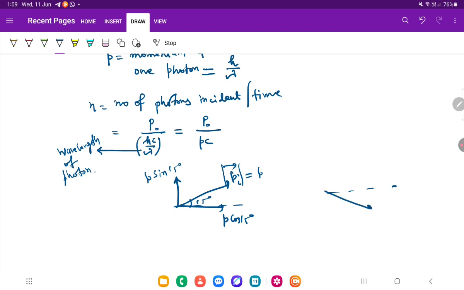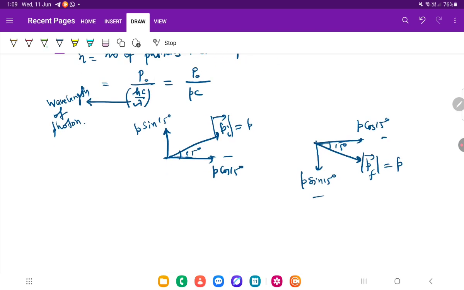And let's say this is the final momentum, its magnitude was p, so it has a horizontal component of p cos 15, and this one was p sin 15 degrees. So you can clearly observe that p cos 15 degrees has remained unchanged in the horizontal direction, but in the vertical direction there was p sin 15 degrees in the upward direction, now p sin 15 degrees in the downward direction, right?